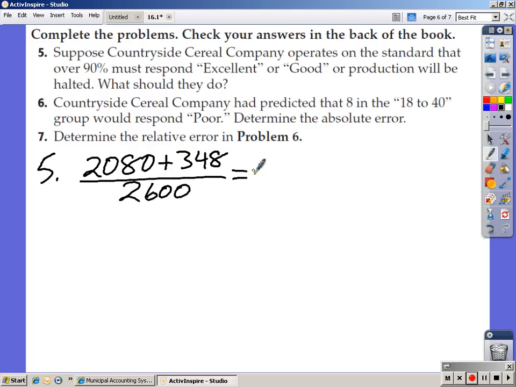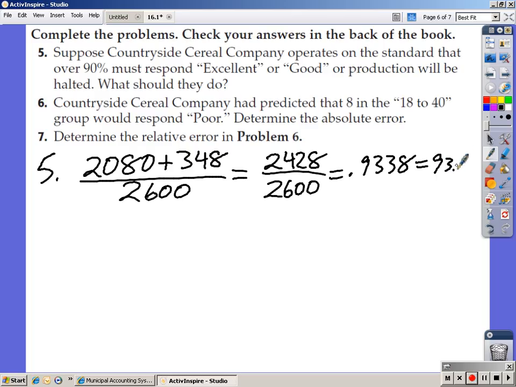Add those together. 2,080 plus 348 is 2,428. Divided by 2,600, which gives us 0.9338, which is 93.4%.